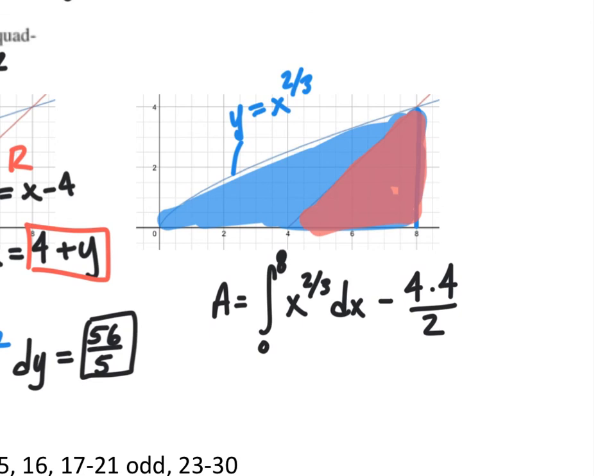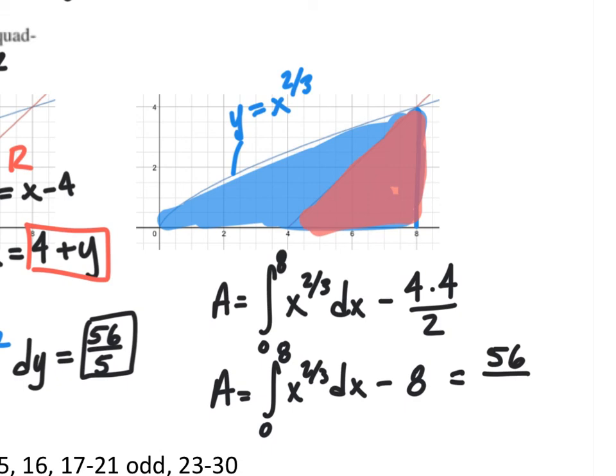So the area is the integral from 0 to 8 of x to the 2/3 dx, minus 16 over 2, which is just 8. That would give you the same area of 56/5.